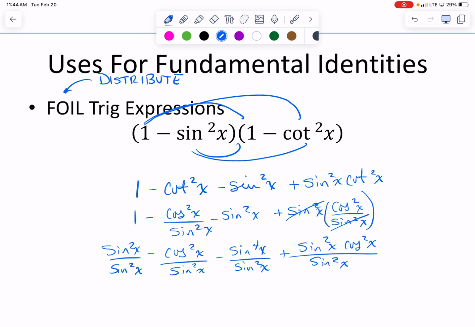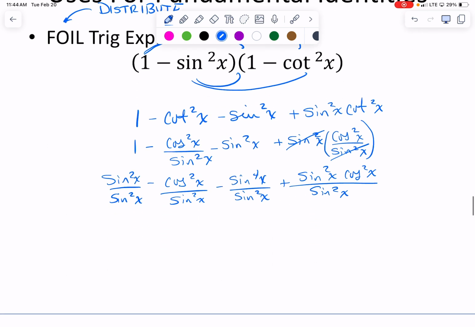There are things we could do because there's the sine squared x over sine squared x and the negative sine. Well, yeah, but I just built those up so we could have common denominators. So we've got sine squared x minus cosine squared x minus sine to the 4th x. This is just not looking good, is it?